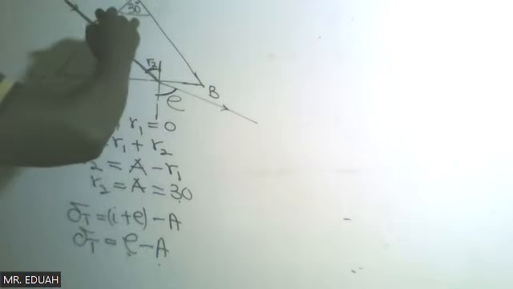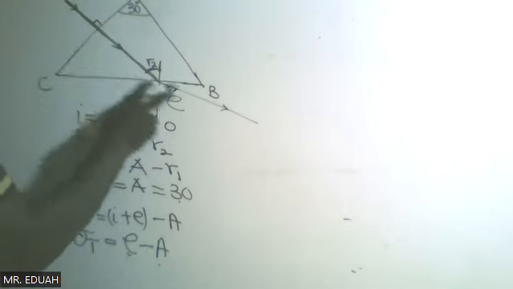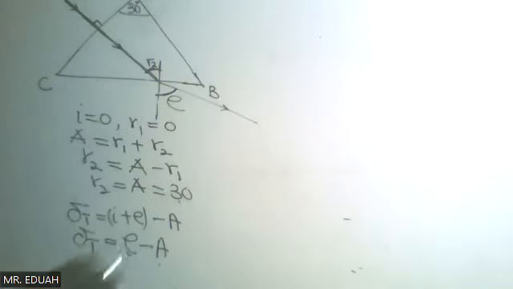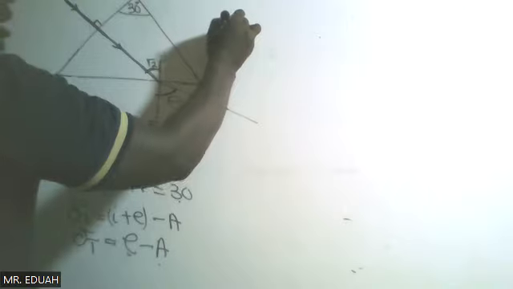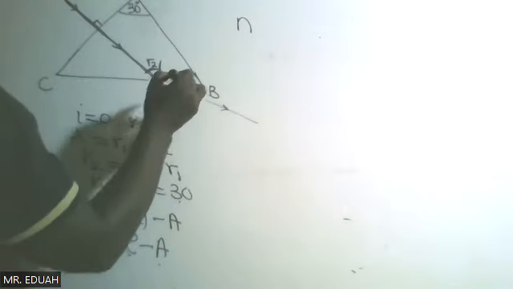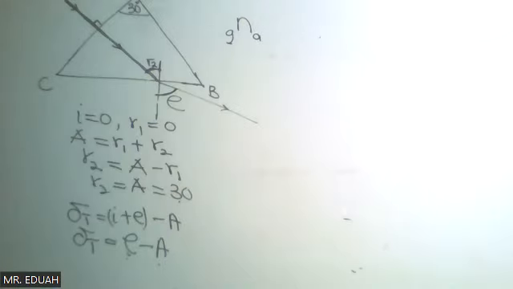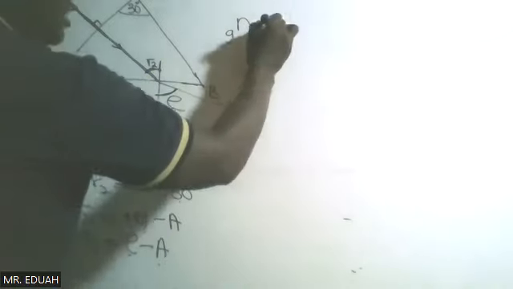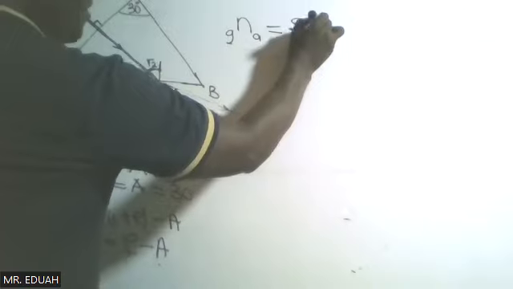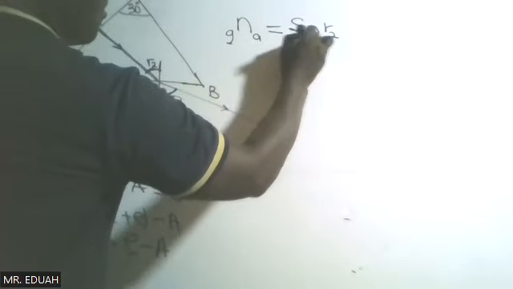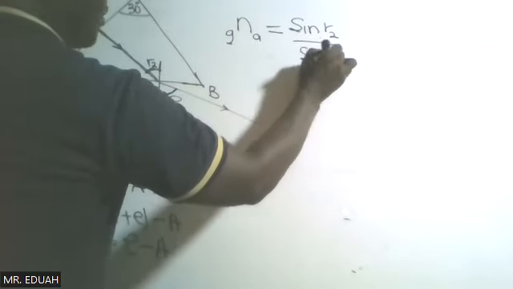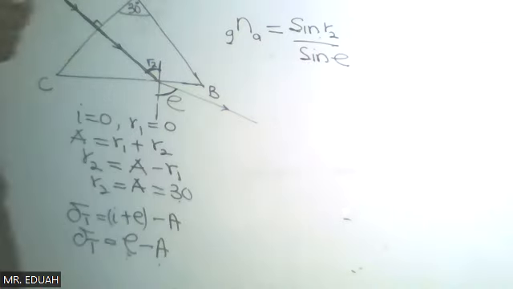If you are using the ray moving from glass to air, then we use the refractive index from glass to air, which will certainly be equal to sine of R2 over sine of E.